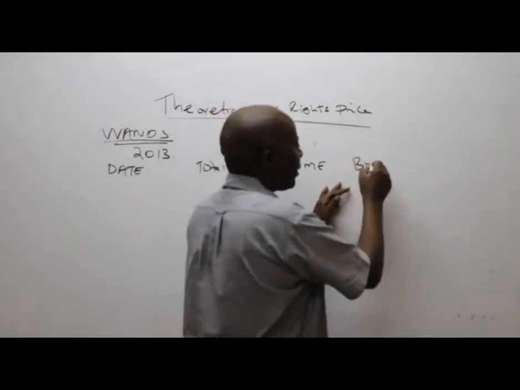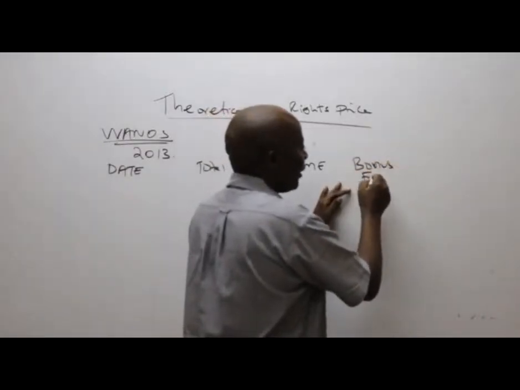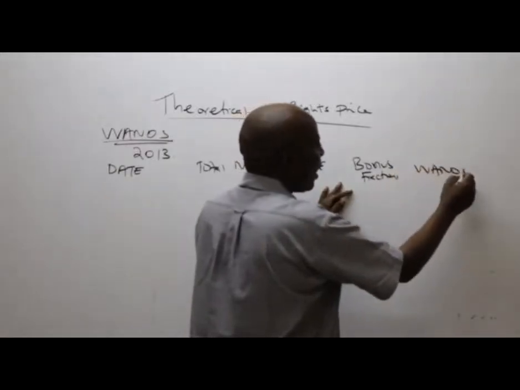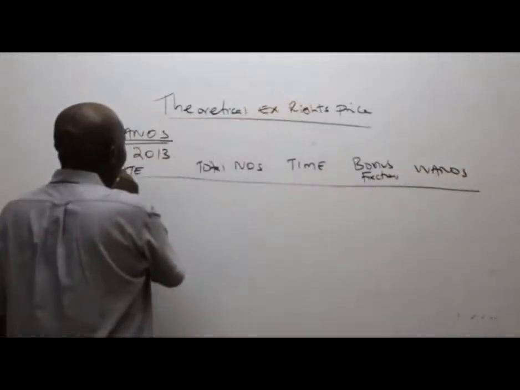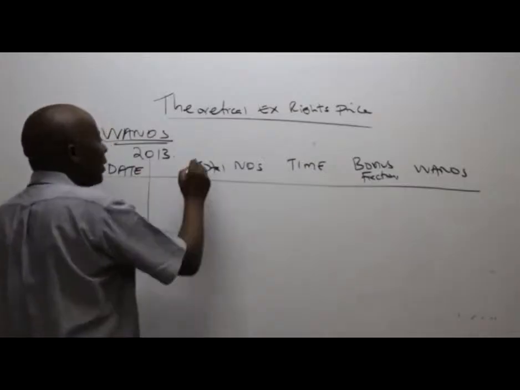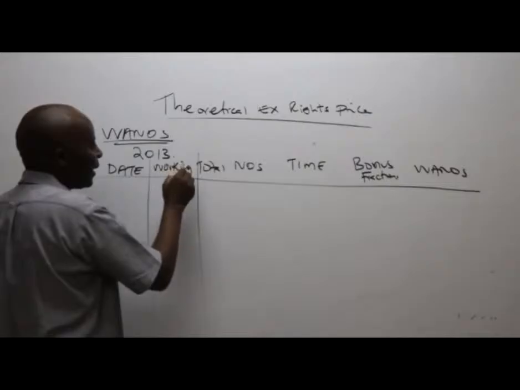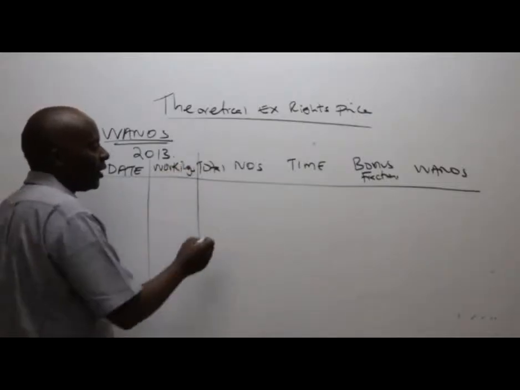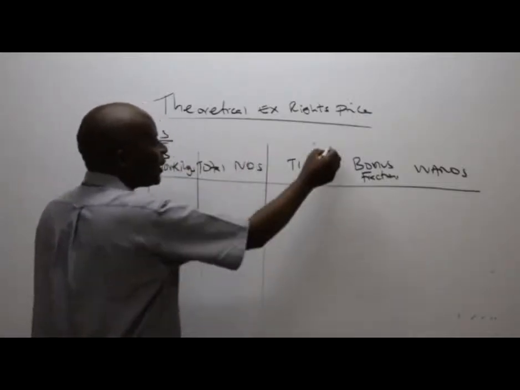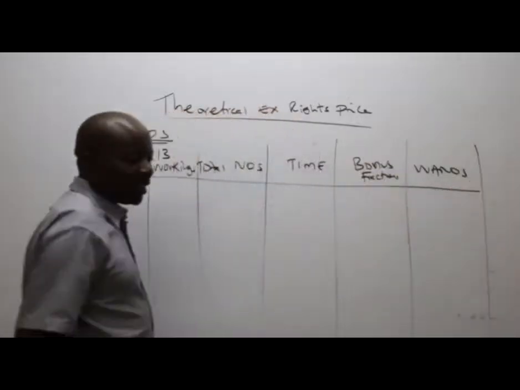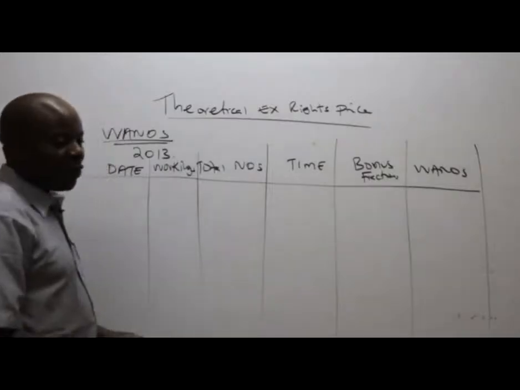We have the bonus or the rights fraction, isn't it? And then lastly, we have what here? The one-os like that. Remember, you must isolate. Even if you want, you can also put workings in the middle here. I have seen some putting workings in the middle, which is still okay. So we have the total number of ordinary shares, we have time, we have bonus fraction, and then we have one-os like that.